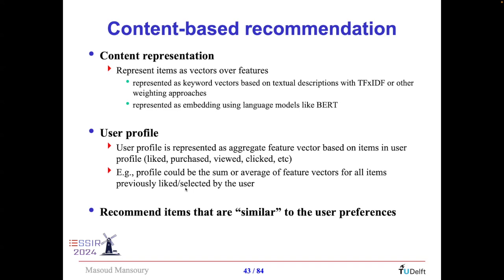By aggregating the representations of those interacted items, you create the user profile. And the last task is recommending items. You have the representation for the items and for the users, and then computing a dot product gives you the relevance score for all unseen items.